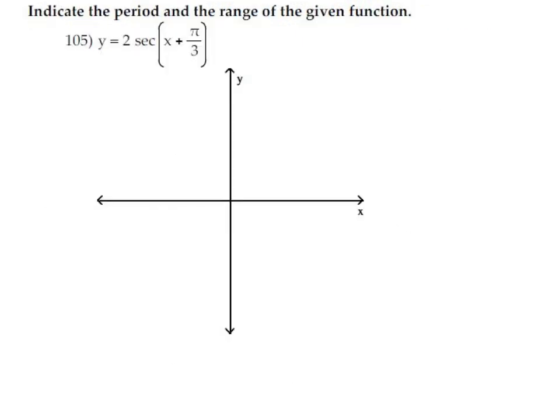Indicate the period and the range of the given function. Y equals 2 secant of x plus pi thirds. Well, when you're dealing with secant, you want to think in terms of cosine. So the cosine starts at amplitude.